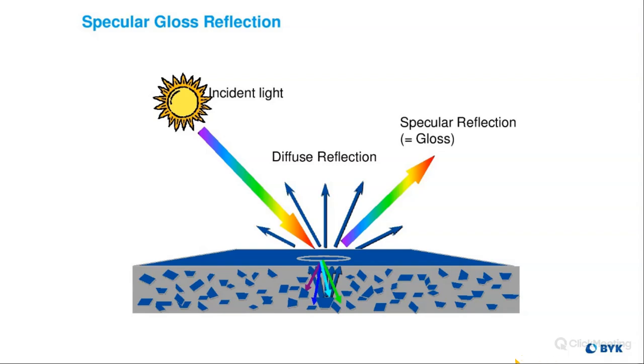Again, with any type of object, whenever light hits that surface, there's a lot of things going on. What we see here is a diffused reflection, which gives us that color. We see the absorption inside the sample. You can think of all of these irregular shapes as pigments.